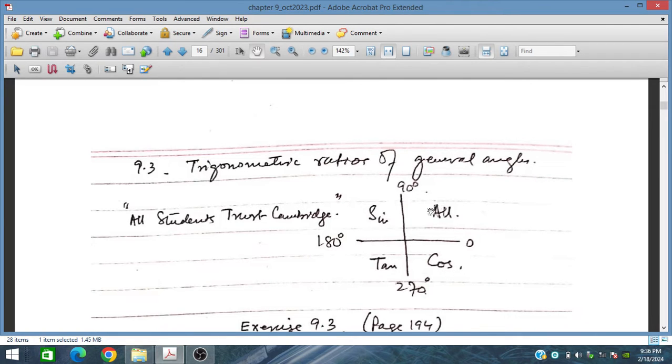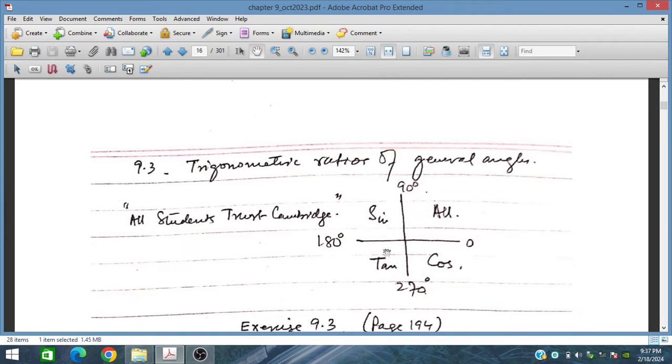In quadrant 1, all the trigonometric ratios are positive. In the second quadrant, only sine is positive. In the third quadrant, tangent is positive, while in the fourth quadrant, cos is positive.